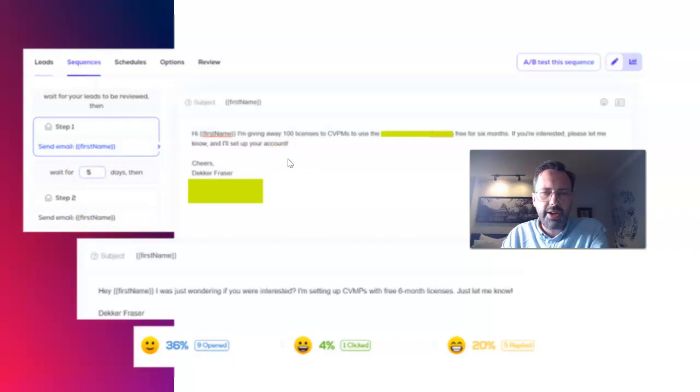I'm giving away 100 licenses to CVPM. So this is just a specific designation. It doesn't really matter what it is, but the point is you're targeting a specific group in your cold emails. And so you want to highlight and I call out that group in the email so they don't think it's just going to everyone. To use, and then I describe the app, free for 6 months. If you're interested, please let me know and I'll set up your account.